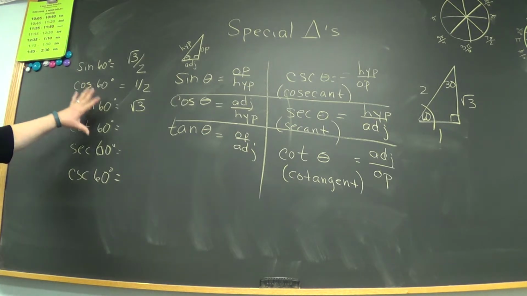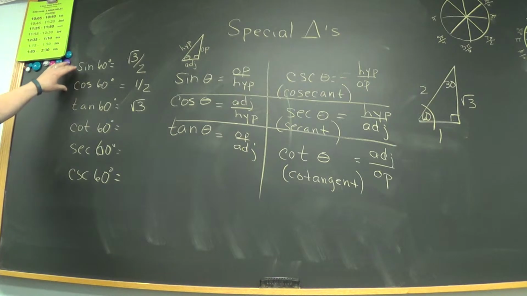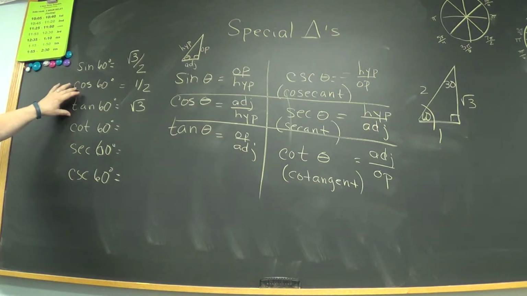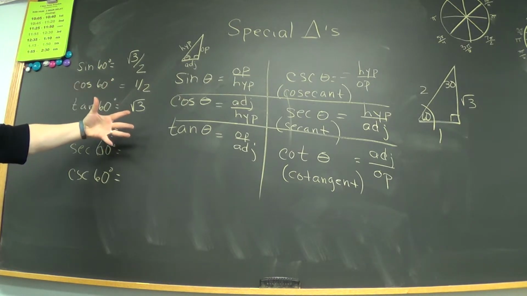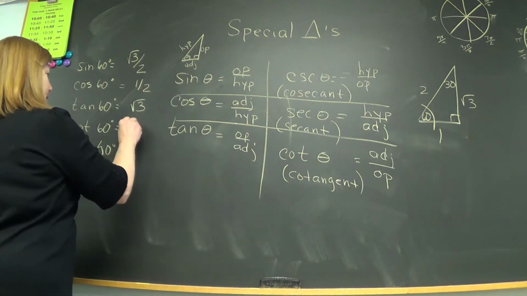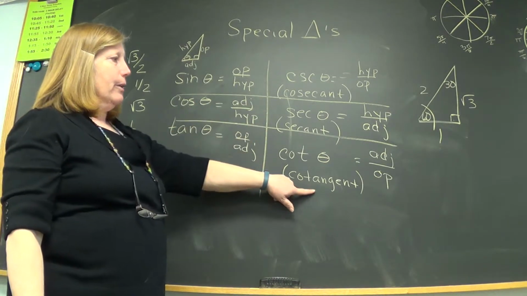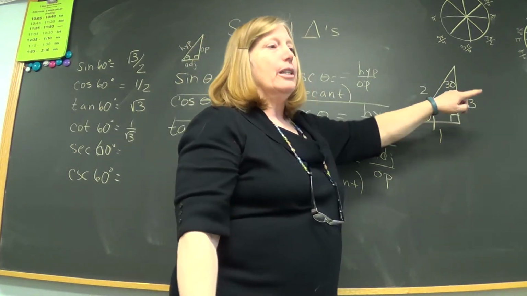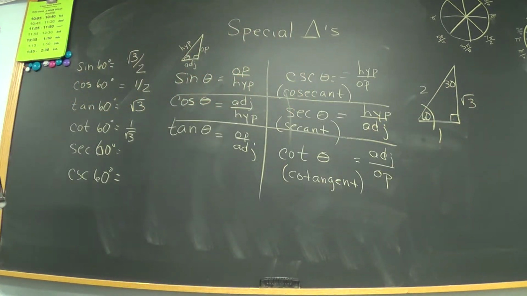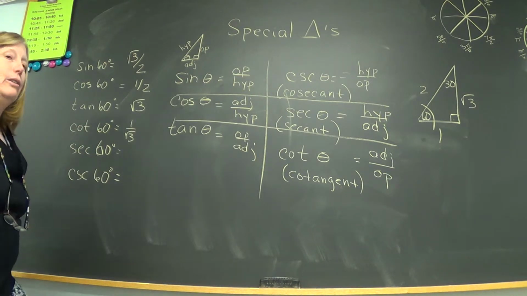Now we can cheat, if you allow me to. We can just take the ones that we've just done and flip them, right? So square root of 3 is really square root of 3 over 1. When I flip that, I get the cotangent. Or you could go by the definition of cotangent, adjacent over opposite. So you have a choice there. I'd like you to rationalize that. Do you recall how to do that?